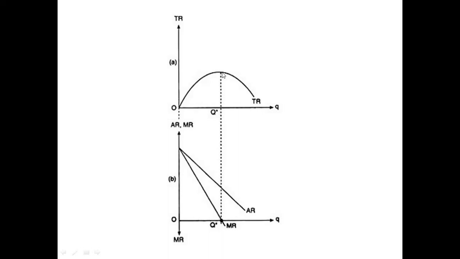If you increase the output sold, if more and more goods are sold, then TR will fall down. Remember that in this graph also, as in perfect competition, TR starts from the origin, signifying that TR can be 0 when the number of goods sold is 0. But TR can never be negative.